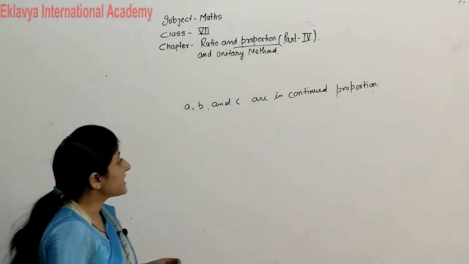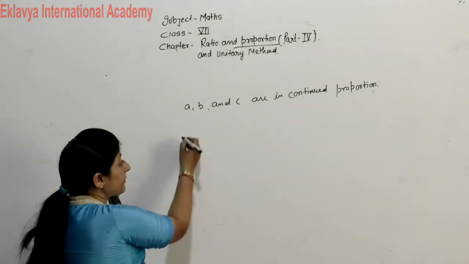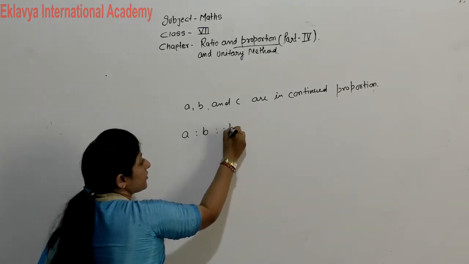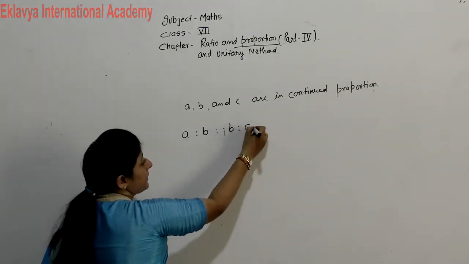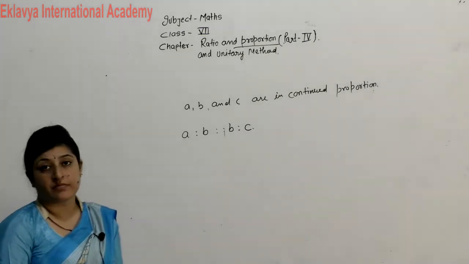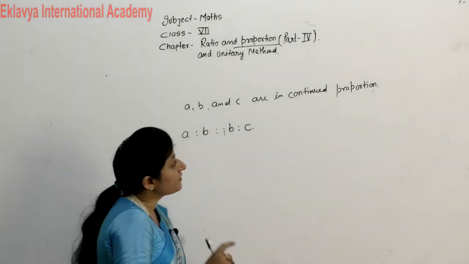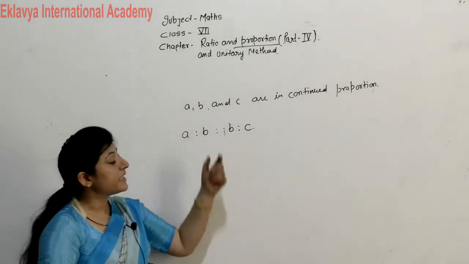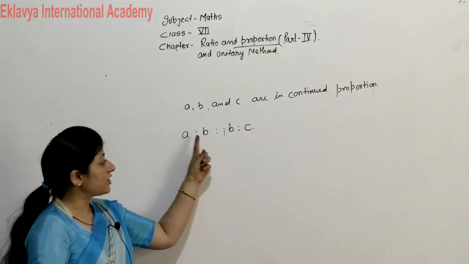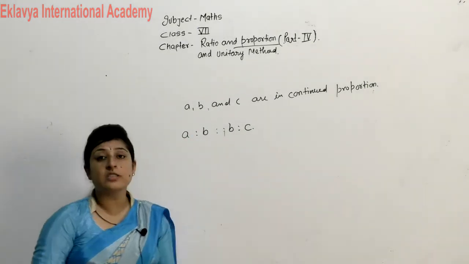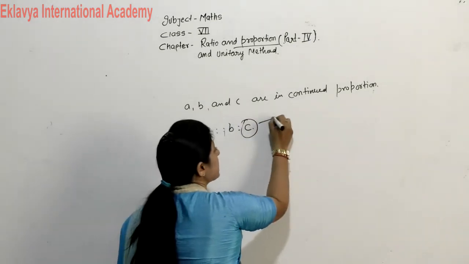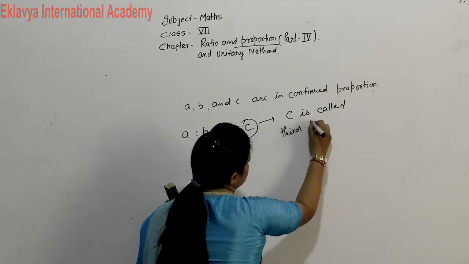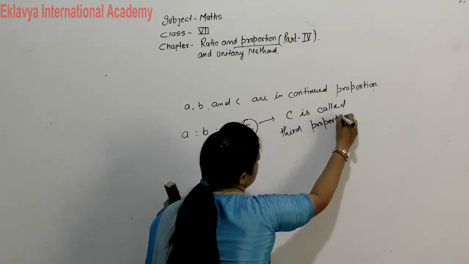We write A ratio B proportion B ratio C. In continued proportion, only 3 values are given to you. B is repeating itself: A ratio B proportion B ratio C. And in this case, C is called the third proportional.